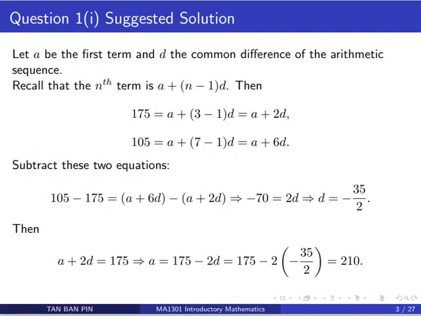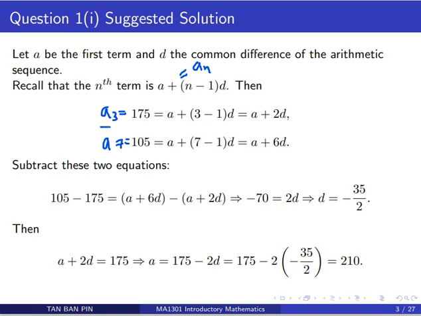So we are given A3 is 175 and A7 is 105. So you can use the formula An is A plus n minus 1 D to form equations.